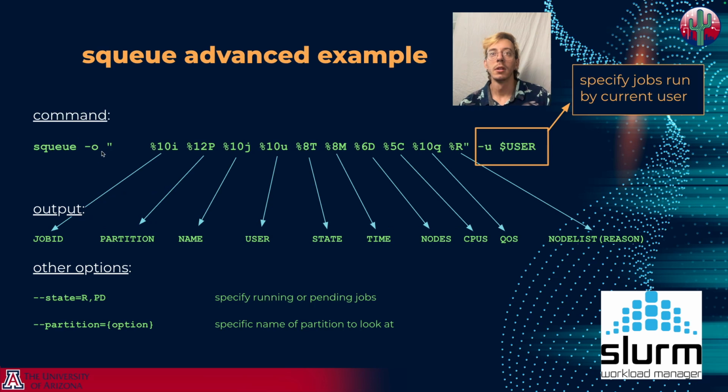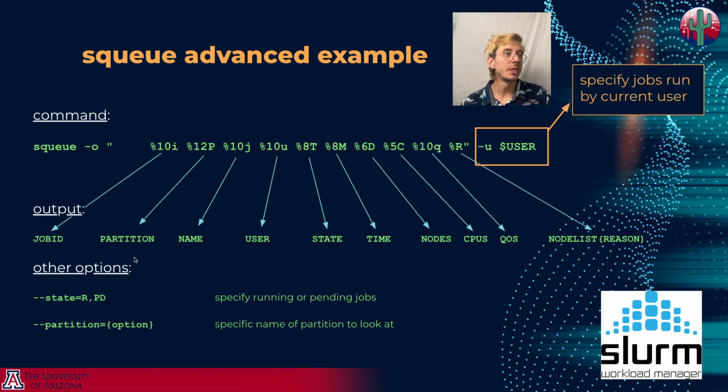If we pass this type of string to the -O option, it will print out these options that we see here. So I've put arrows in here so you can see which of the options in the command refers to which options over here.